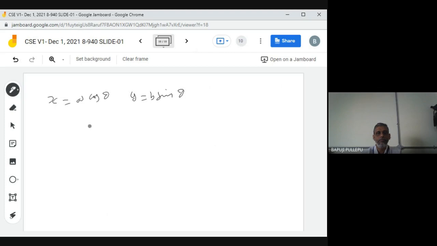You have to find this in terms of the derivative. Then you need to multiply both.